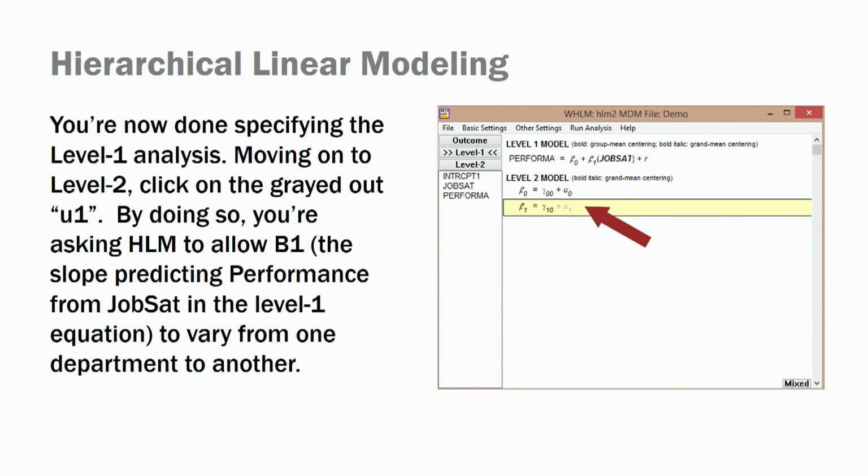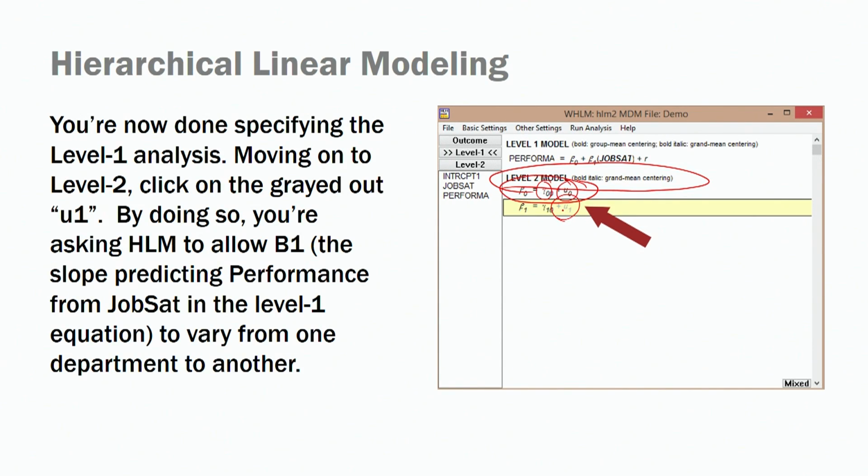Now we are back to the analysis. If you look at your level 2 model here, okay, your intercept has an overall mean plus a random error. But your slope, beta 1, does not have a random slope activated yet.